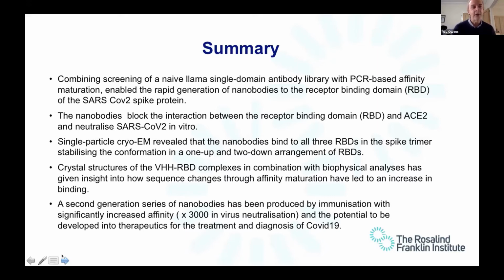The big value that we see with nanobodies, and it's been emphasized by others, is their size. They are easily produced in microbial systems, so the cost of goods is much less than whole antibodies. And their ability to penetrate tissues and cross the mucosa means that topical delivery through the airways as a nebulizer is a very attractive and realistic prospect for an interactor like this that can neutralize a virus in vivo.